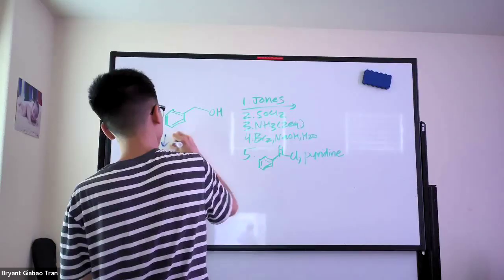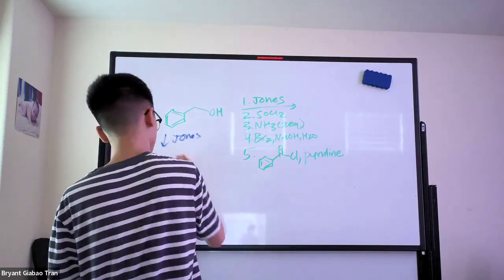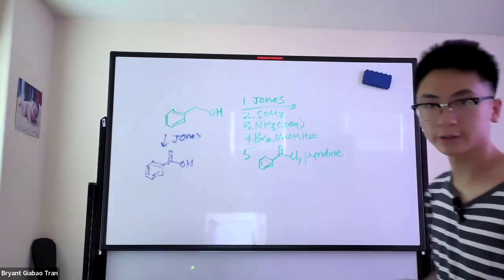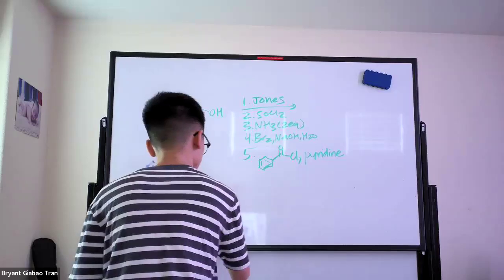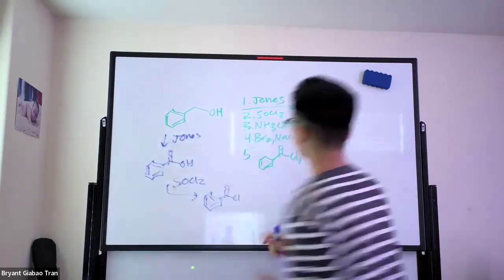So Jones is a strong oxidizing agent, so it turns that primary alcohol to a carboxylic acid. Yes, carboxylic acid after the first step. And then the next step replaces the OH with the Cl to create the acyl chloride, the most reactive carboxylic acid derivative.